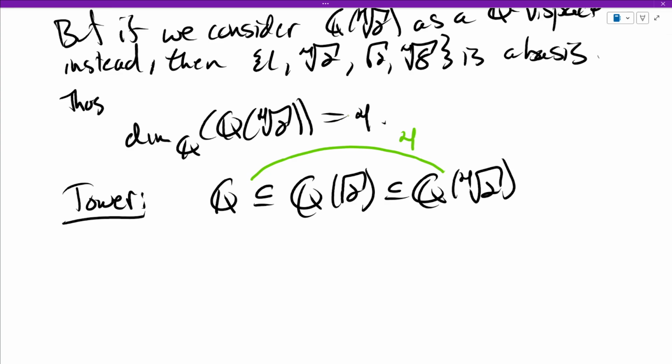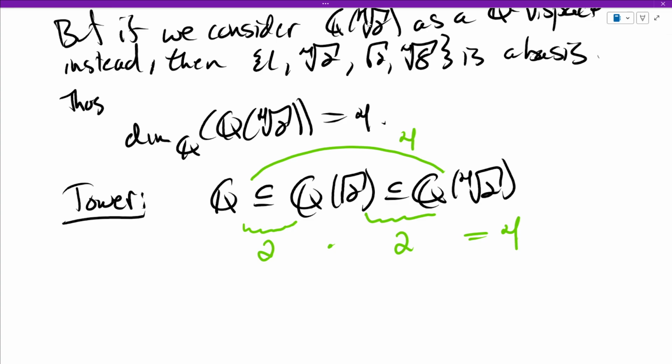That was the computation we just did. Each one of these intermediate dimensions is 2. 2 times 2 is 4. This is a simple example of something called the tower law, which is a very important multiplicative law that we'll use that exploits the linear algebraic structure of field extensions.